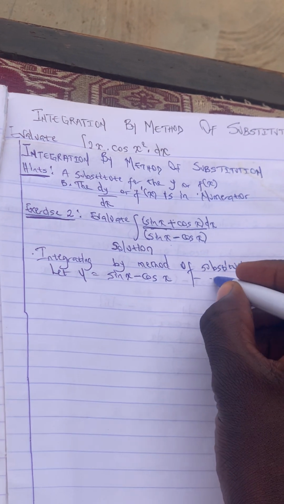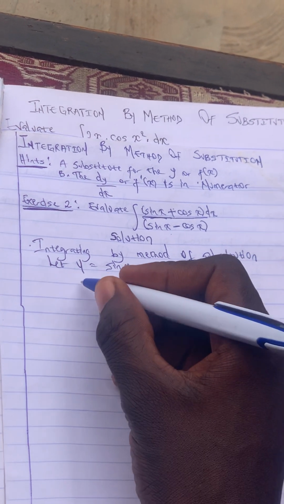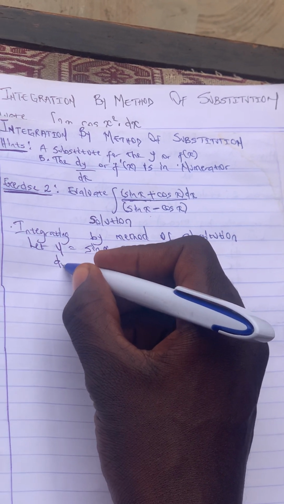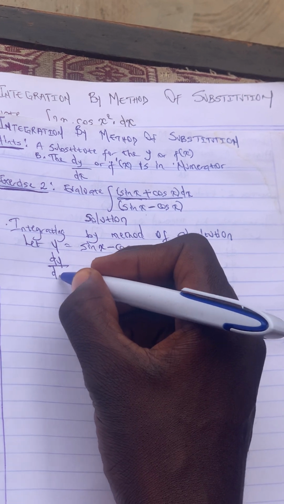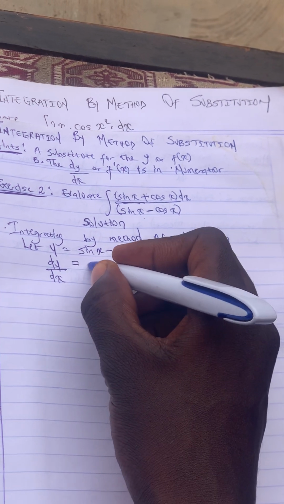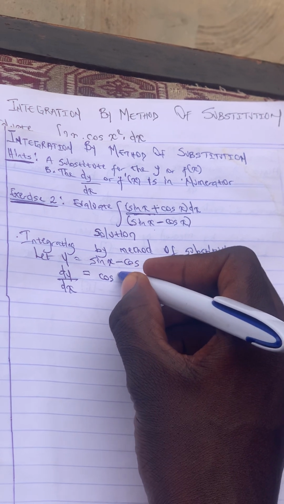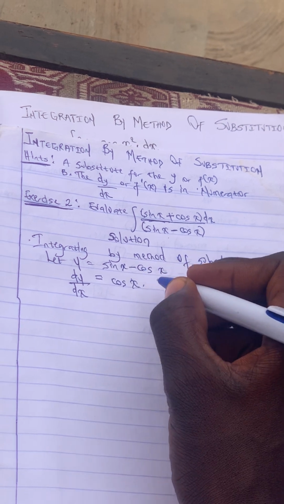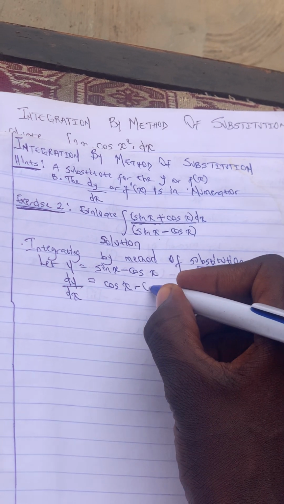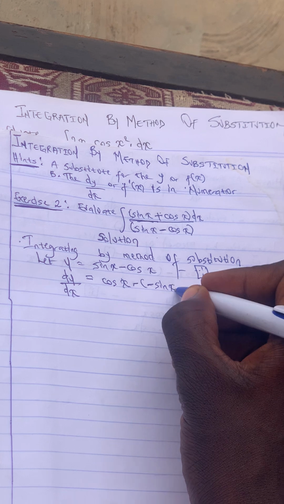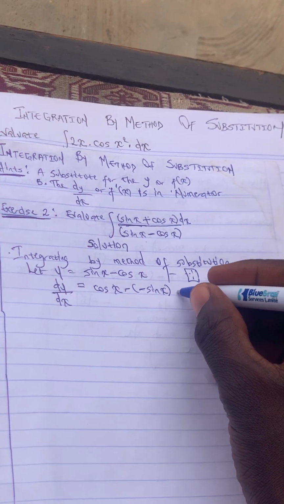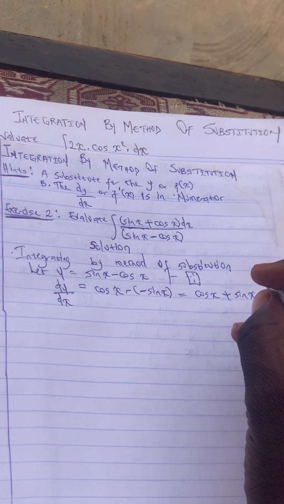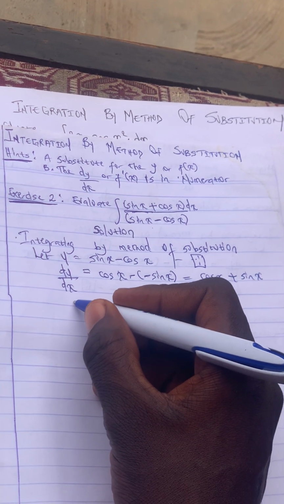Let me take this as 1 because I'm defining another variable u. So I will say du dx equals cos x. When we differentiate sine x, we get cos x. Then we have minus, then we have minus sine x. When we differentiate cos x, we get minus sine x. Then here we have cos x, then we have plus sine x, then dx.